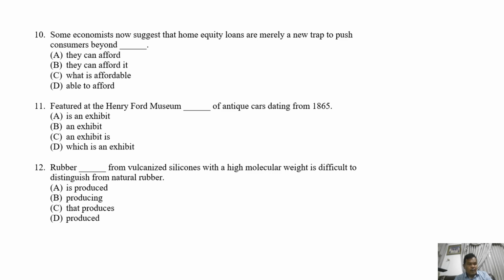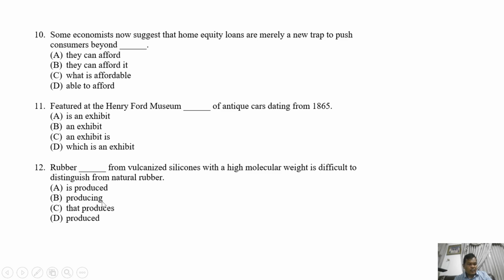Now, when we choose A, B, C, or D, the one we choose must not contain a predicate anymore. If it contains a predicate, it must be accompanied by a conjunction. Now, you see here there are two possible answers which are not predicates, neither verb 1 nor verb 2.